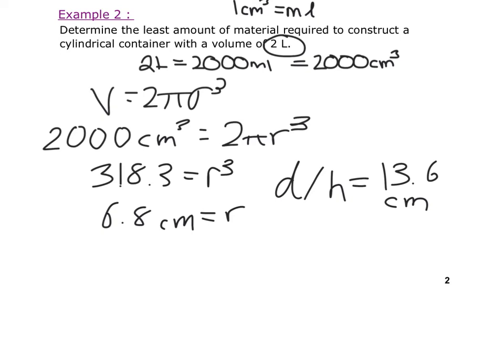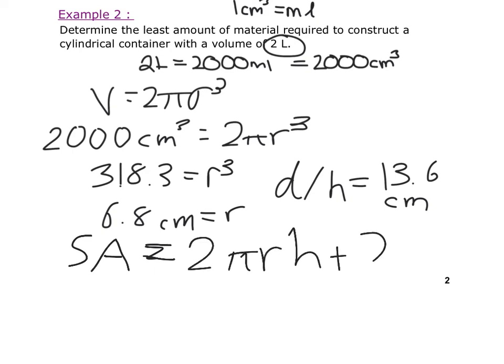So what you do is input the radius. The surface area equals 2 pi r h plus 2 pi r squared.